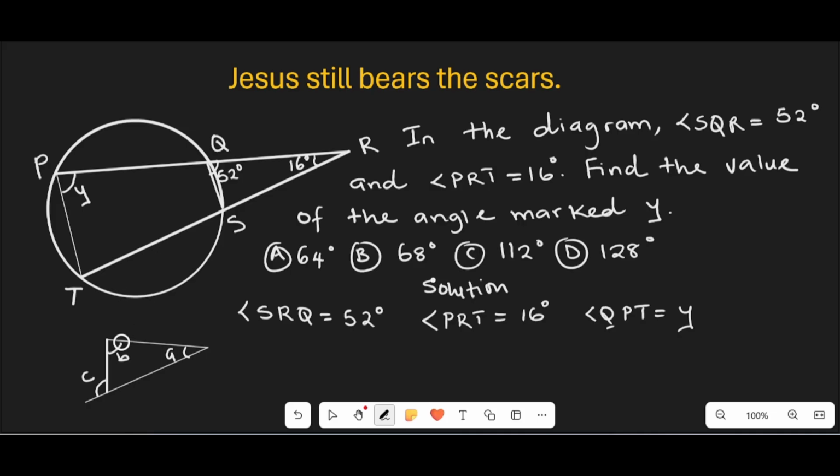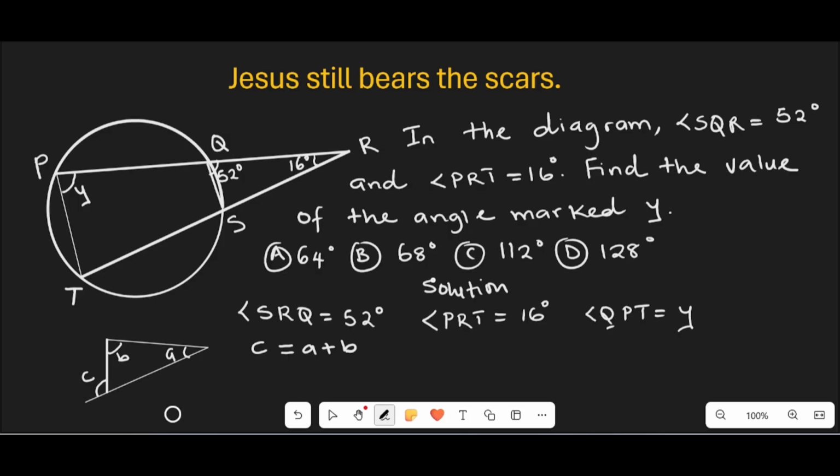The theorem says the sum of angle A and B is equal to angle C. So mathematically, the theorem says C is equal to A plus B.